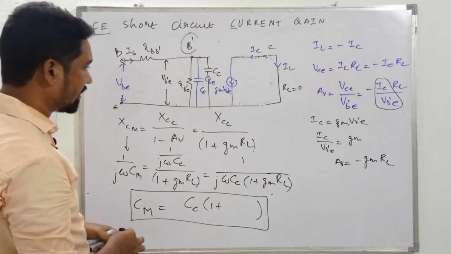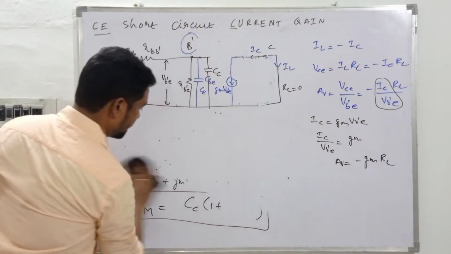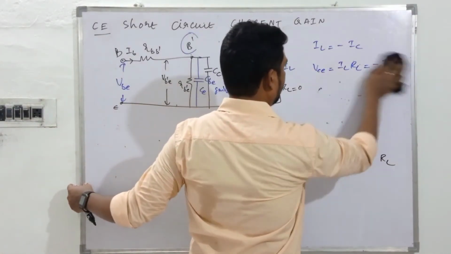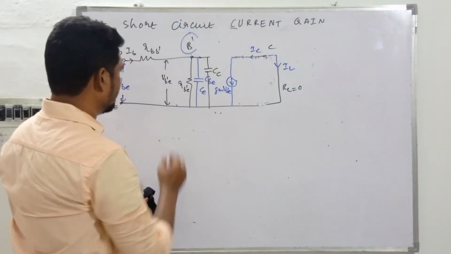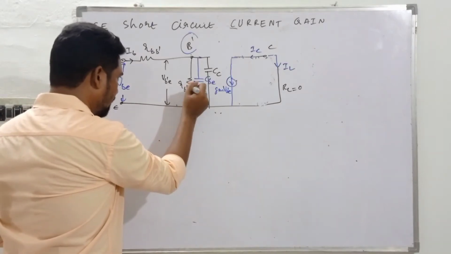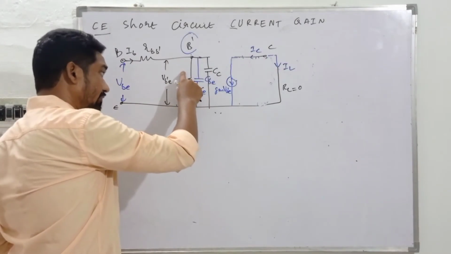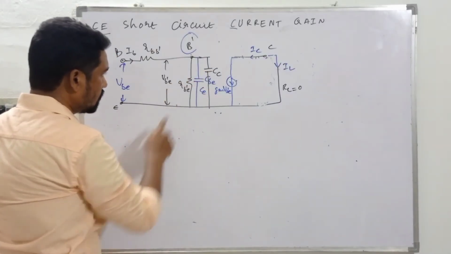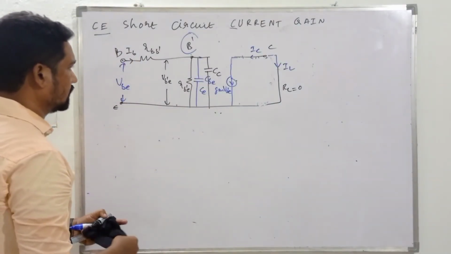So guys, we are in search of the short circuit current gain, isn't it? And we'll make use of all these, and RB'E alone exists over here. Why? Because this part of the resistance is placed over here, but still that will be very high when compared to this one, so that can be neglected. So these two are in shunt with each other, right?